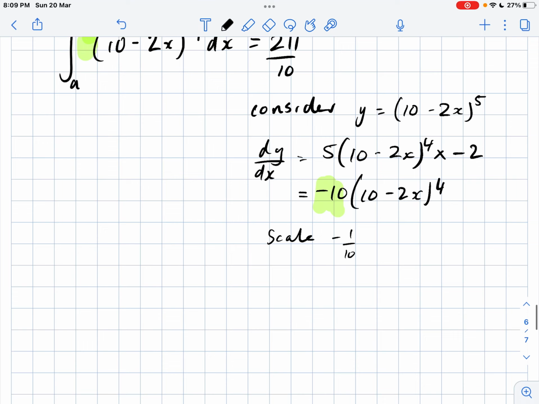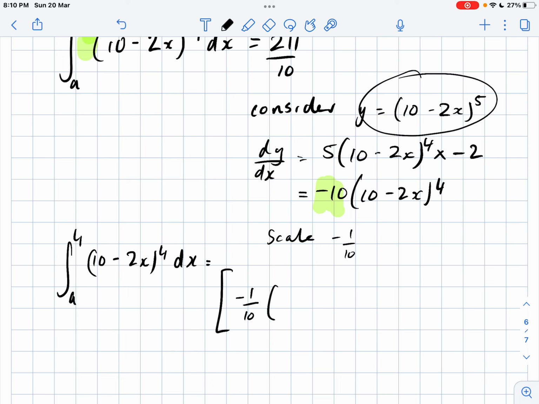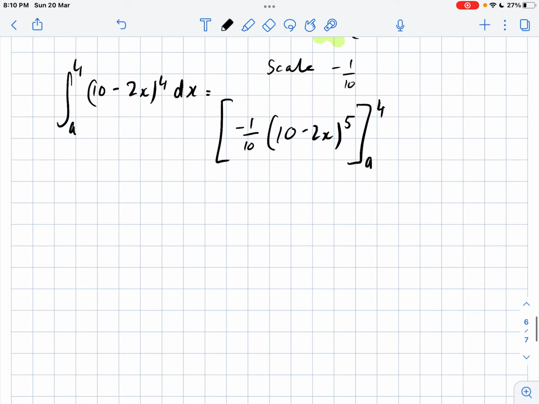That tells me that the integral that I had, (10 minus 2x) raised to the power of 4, is going to be equal to minus a tenth of this thing here, so (10 minus 2x) to the 5, and that's between 4 and a. So now that I've done my integration, I can put in the substitution and try and solve this.